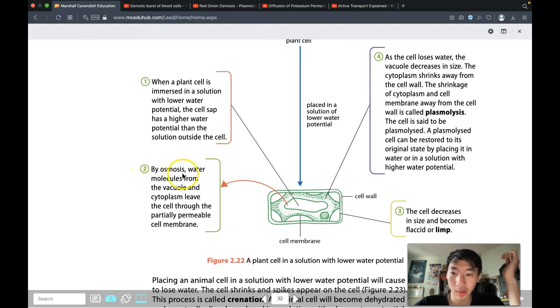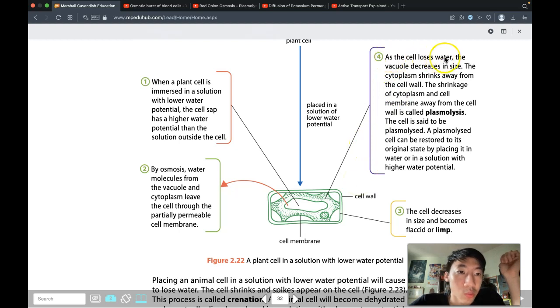So by osmosis, water molecules from the vacuole and the cytoplasm will leave the cell through the partially permeable cell membrane. You can see the water molecules are leaving. And so the cell will decrease in size and become flaccid. Likewise, as with the word turgid, you can only use the word flaccid on plants. You should not use the word flaccid on animal cells.